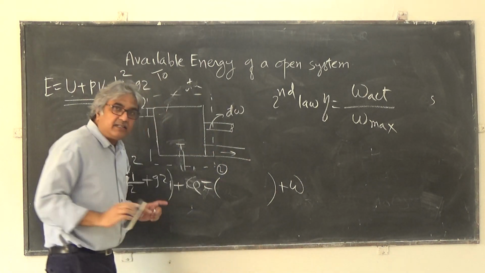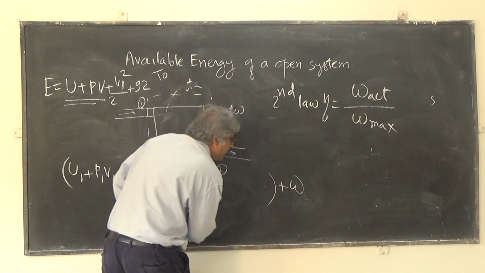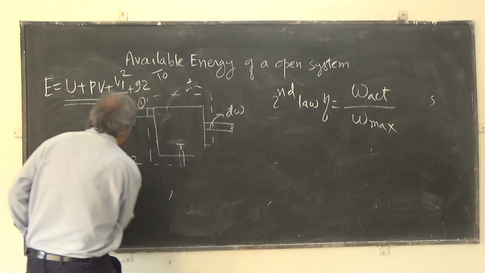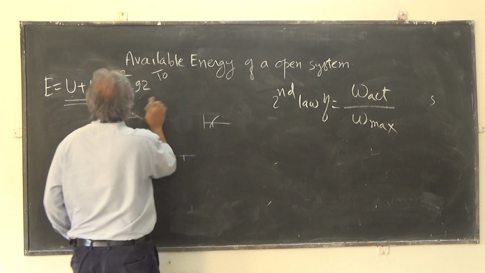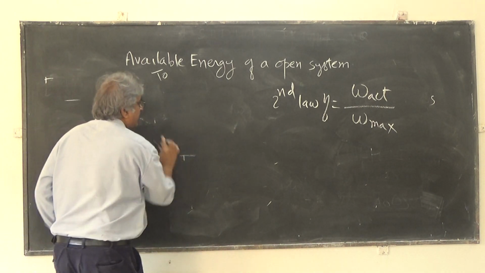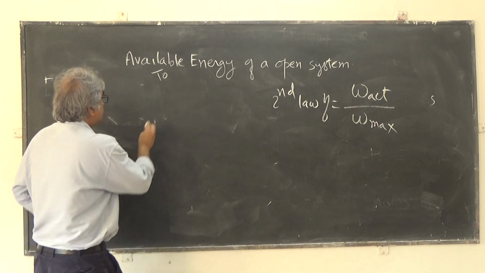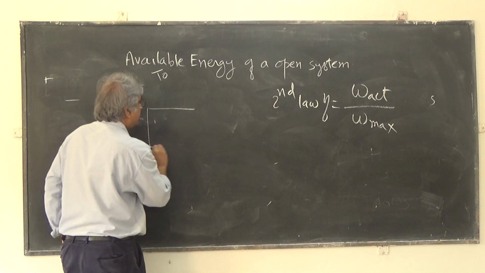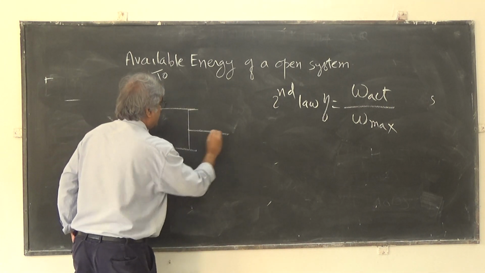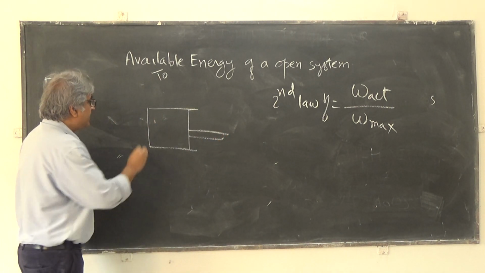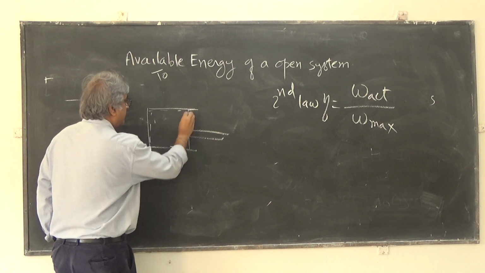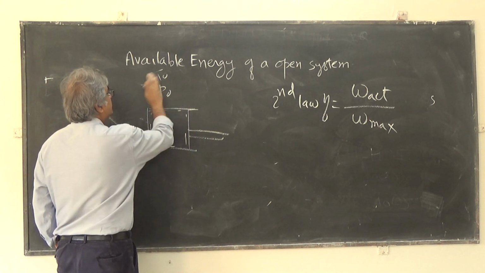Now, this was for an open system. Consider a closed system, a non-flow process. Suppose we have a piston cylinder arrangement, and this is your P naught.